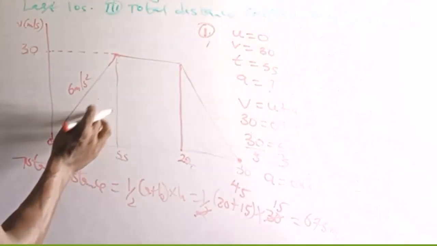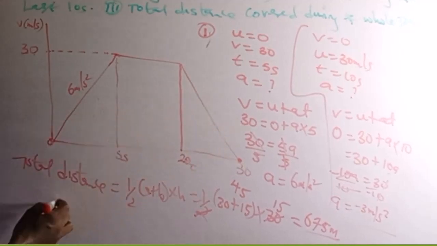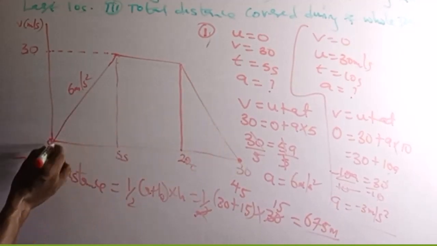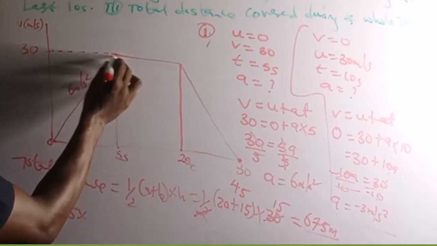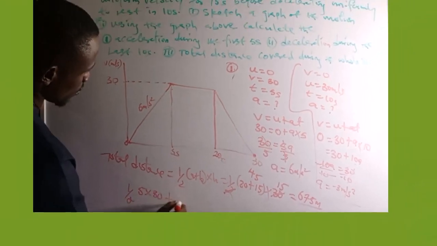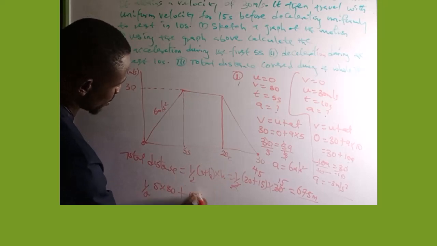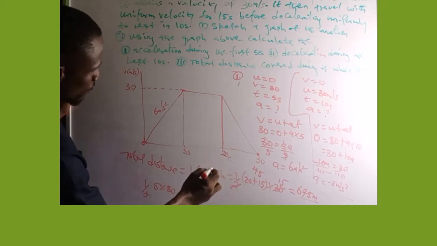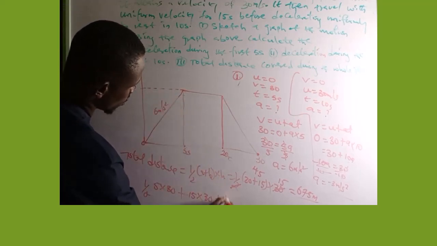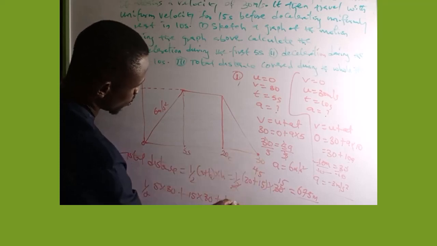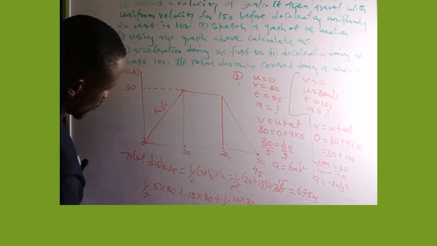Or you can still say area of the triangle plus area of the rectangle plus area of the triangle. What is the area of this triangle? Half base times height, is it not? What is the base? 5. Half 5 times, what is the height? 30, is it not? Plus length from here to here, 5 to 20 is 15, times the breadth, which is 30, plus half again. Base 20 to 30 is 10. What is the height again? 30. So what will happen here?